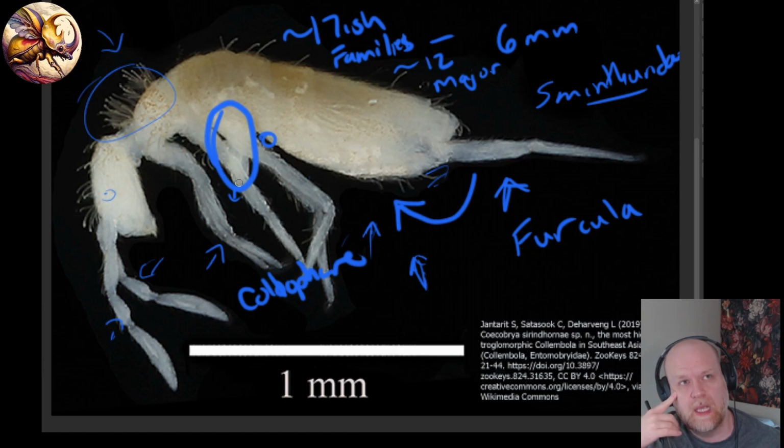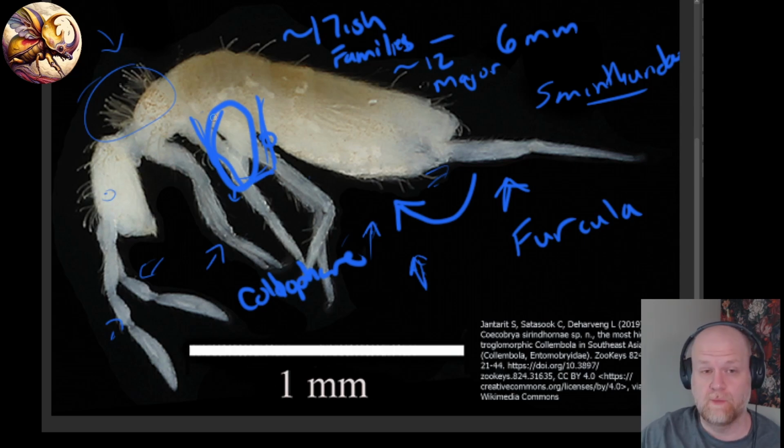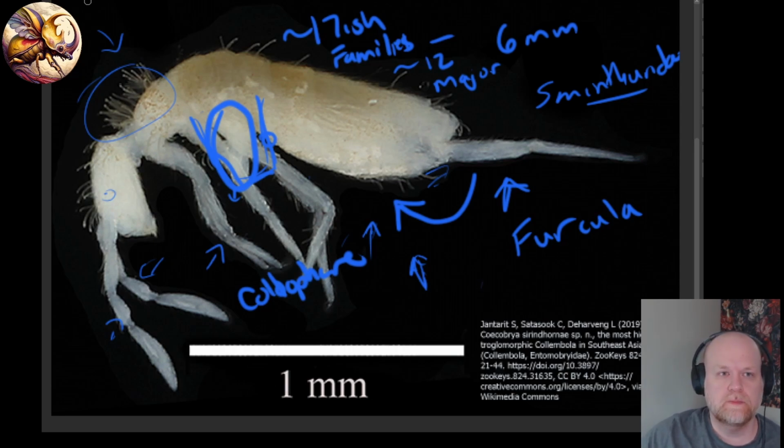But we also think it helps regulate their water, that they can use it to kind of sponge up water in their environment. It's kind of a mystery structure, but it's basically a big peg that sticks out of them. It's bigger in some families than others, and it basically just is there. It does something, obviously, because they all have it for the most part, but all of its functions are not super well understood. There's not a ton of researchers working on the collembola, although they are pretty universal. So there's still a lot of mysteries with this group.